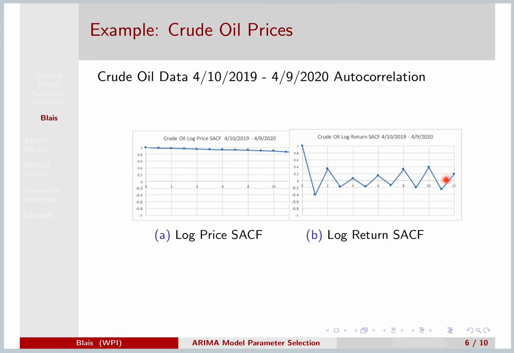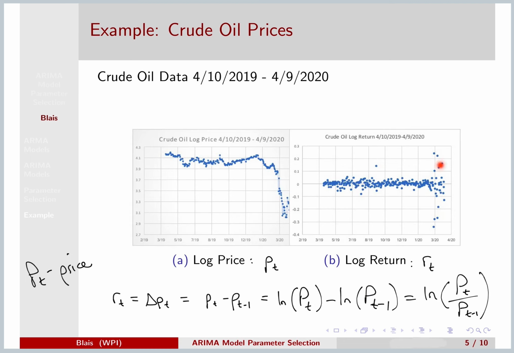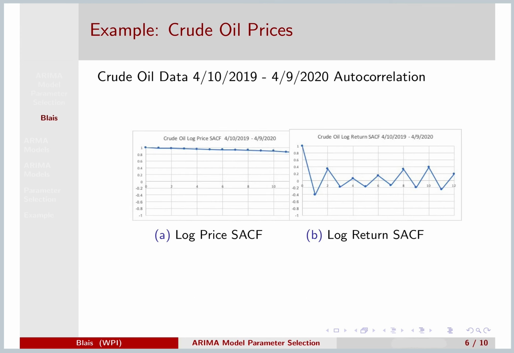We get some strange larger behavior over here, likely due to the fact that this pandemic data is being picked up in this date range. But nonetheless, this range decaying to 0 quickly makes it more reasonable that we can choose D equal to 1.